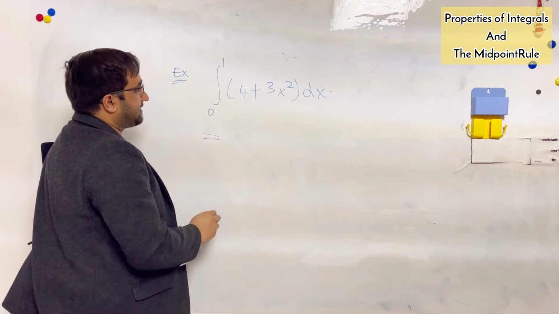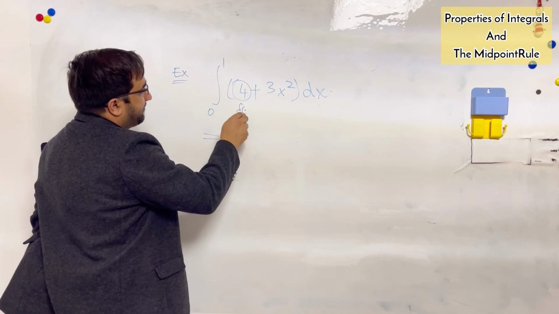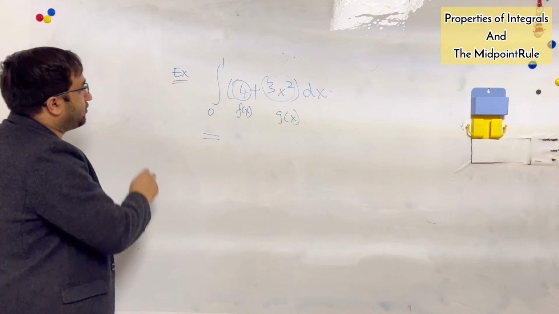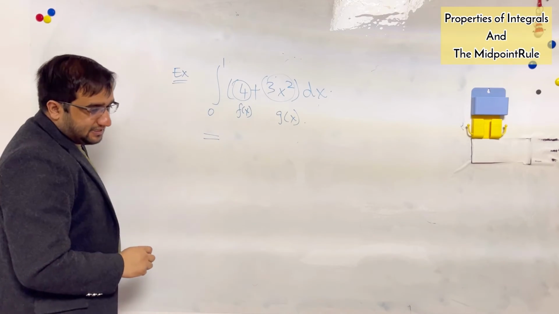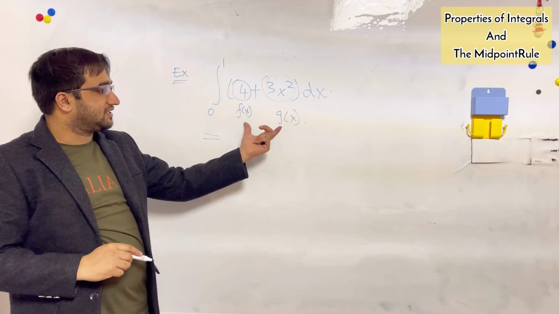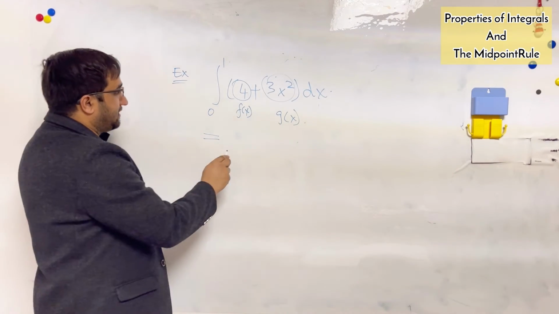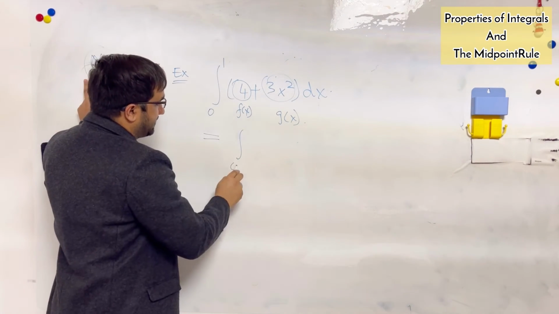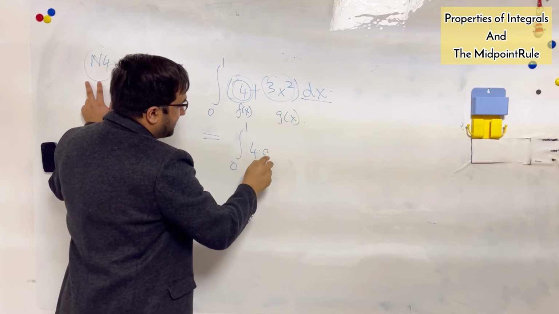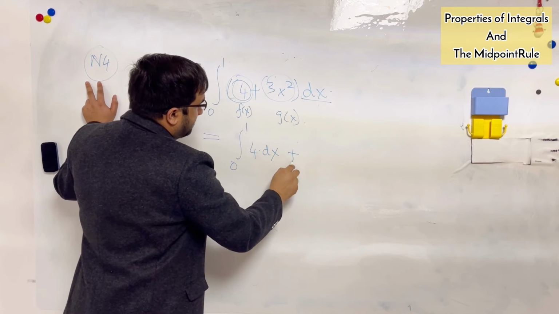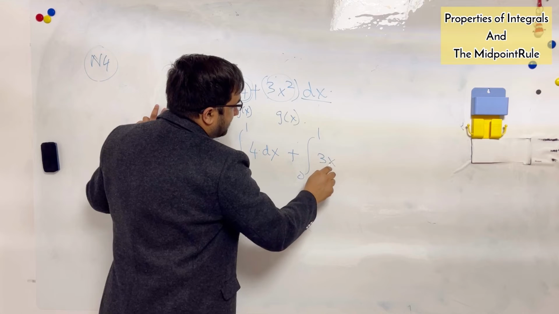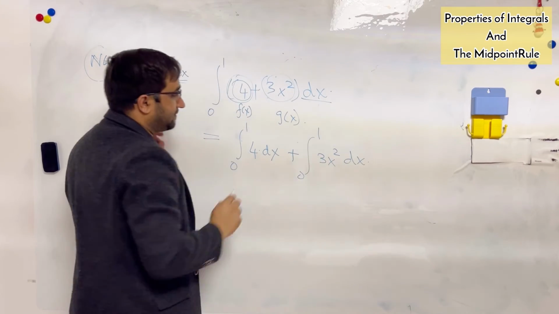So the first step is, I'm saying this is a function f of x and this is a function g of x. So I'm going to use the rule written in N4, that if you have a sum of two functions, you can split them. So using N4, it will become 0 to 1, which is a to b, first function separately with dx, that is 4 dx, plus integral 0 to 1, second function separately into dx.